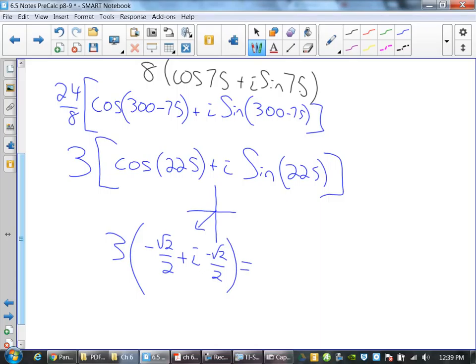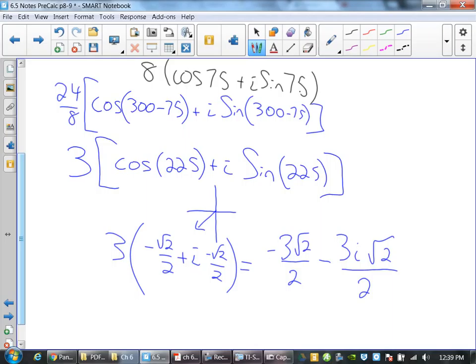Distribute out the 3, and your final answer becomes negative 3 root 2 over 2 minus 3I root 2 over 2. And it's negative here because this was negative here.